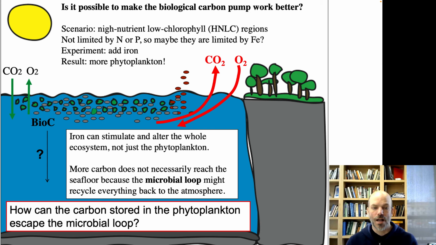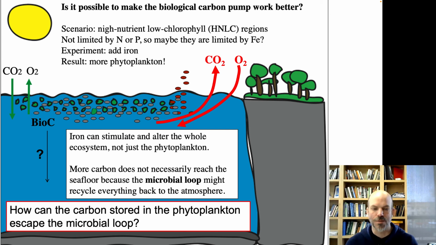So how might we do this experiment differently? Or is there something else we can do to actually store this carbon on the seafloor? How can we actually bury this carbon? Just adding iron, just stimulating the phytoplankton is not necessarily going to result in burial of the carbon.